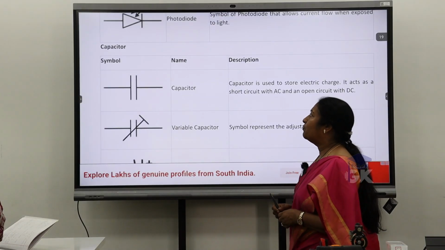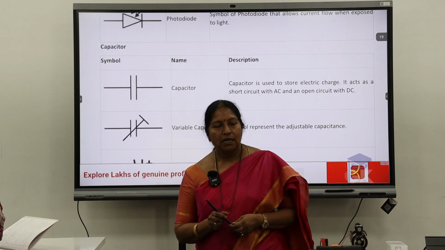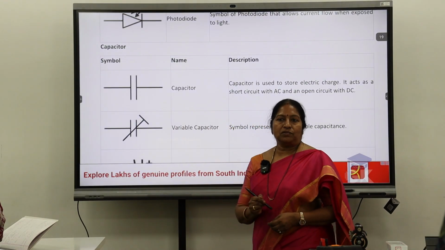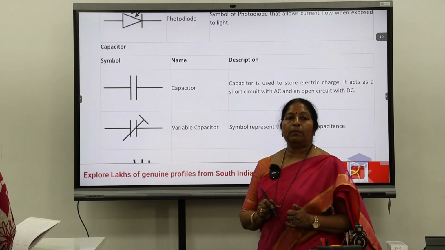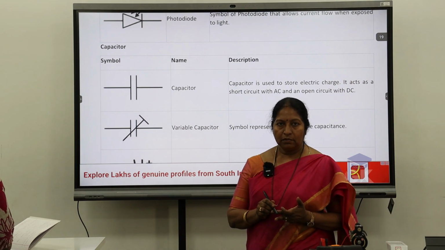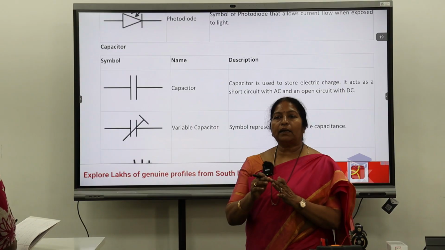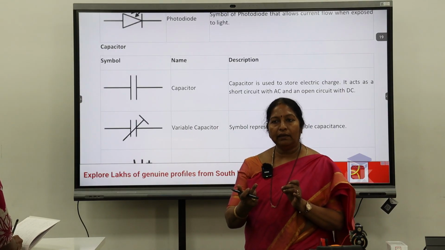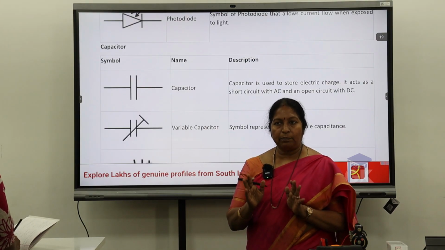See the different types of capacitors. We are discussing capacitors, right? What are the different types of capacitor? So this is a fixed capacitor. In this, depending upon the material used for the dielectric, we have ceramic capacitor, and paper capacitor, where two conducting sheets separated by a thin paper are rolled, and they act like a capacitor.